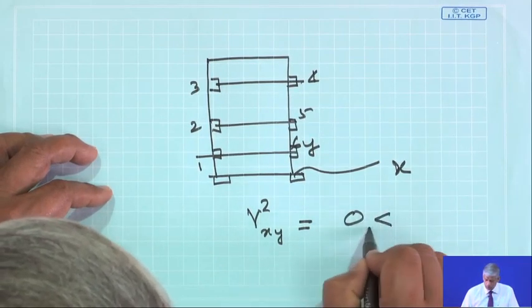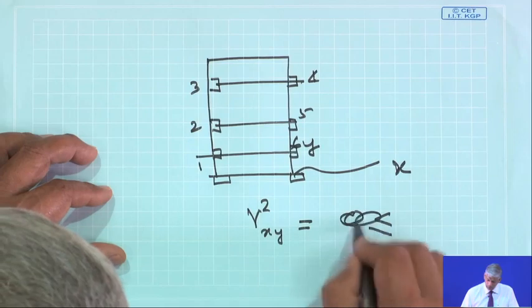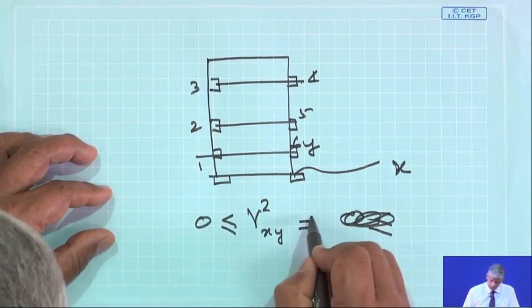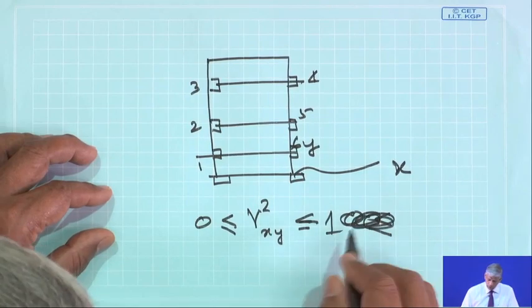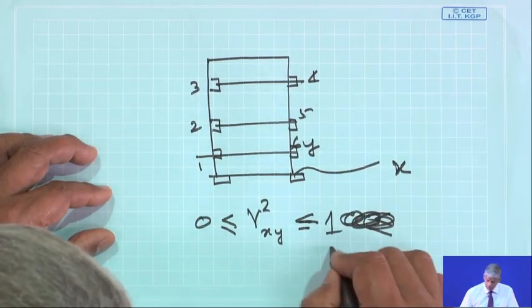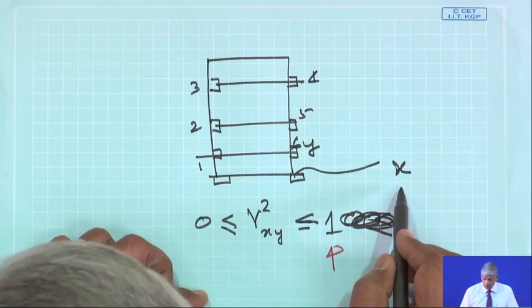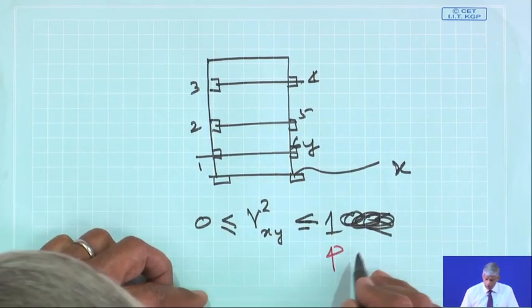Okay, and this value will be somewhere between 0 and 1. So, if it is close to 1, you can know that the vibration at a particular location is only because of that.